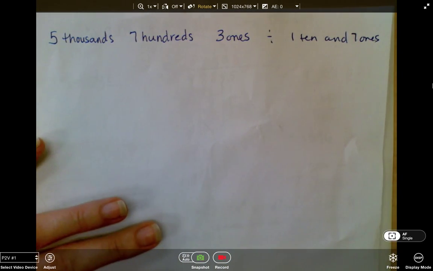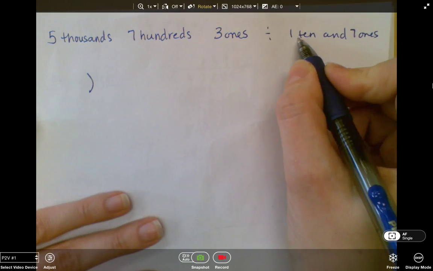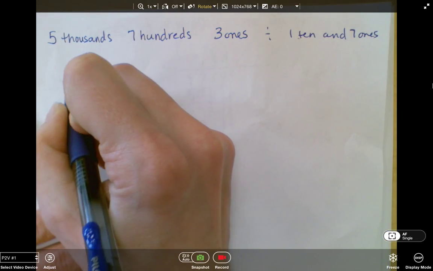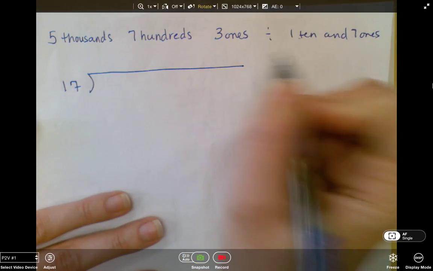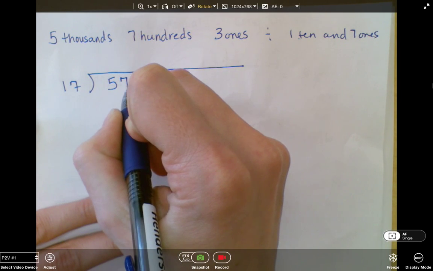What would that look like? Well, if I wanted to put that into an algebraic sentence, I would say that I'm going to take 1 and 7, which is going to give me 17, and divide it by 5,000s, 700s.